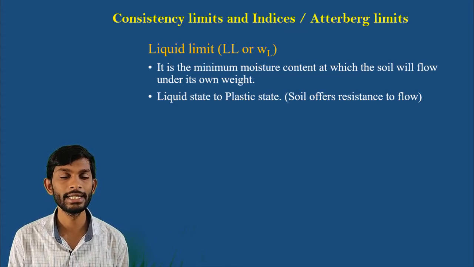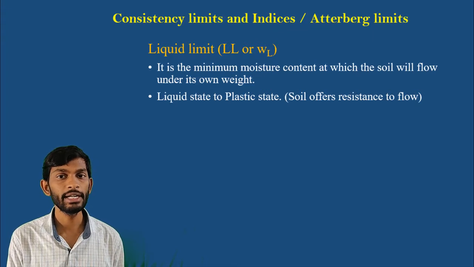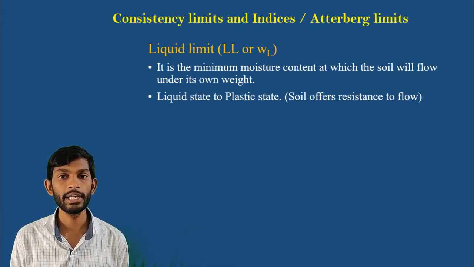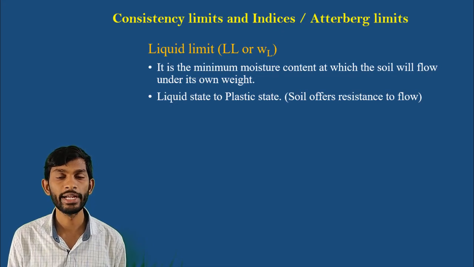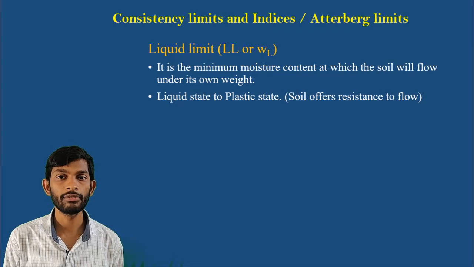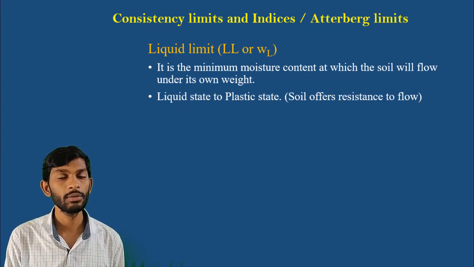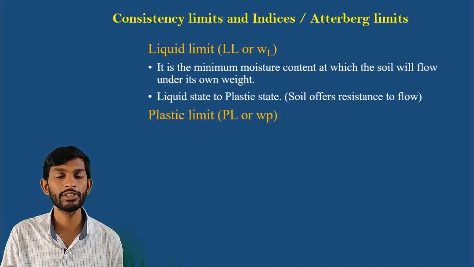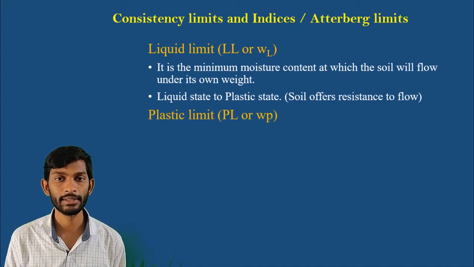That is what plasticity is defined as. So liquid limit is the minimum water content at which soil flows under its own weight, and in liquid limit state, the soil converts from liquid state to plastic state. The soil stops behaving like a liquid and hence it converts into the plastic state.